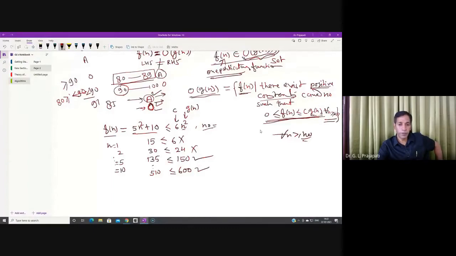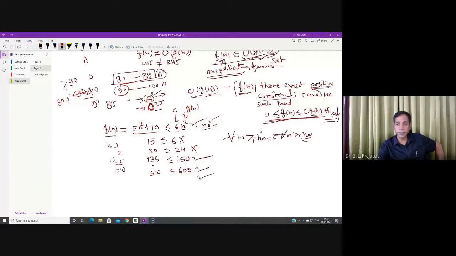So we have taken c as 6, and we have found the value of n0 roughly as 5. So for all n greater than or equal to n0, where n0 is the 5 we have just determined, it may hold also for 4, but the condition is that after the value of 5, this relationship always holds true.